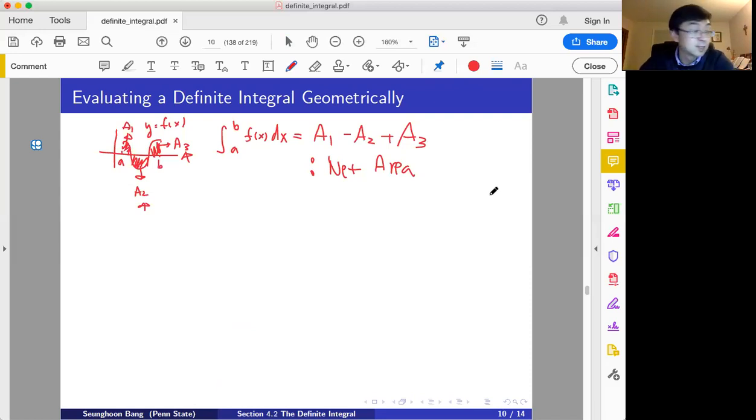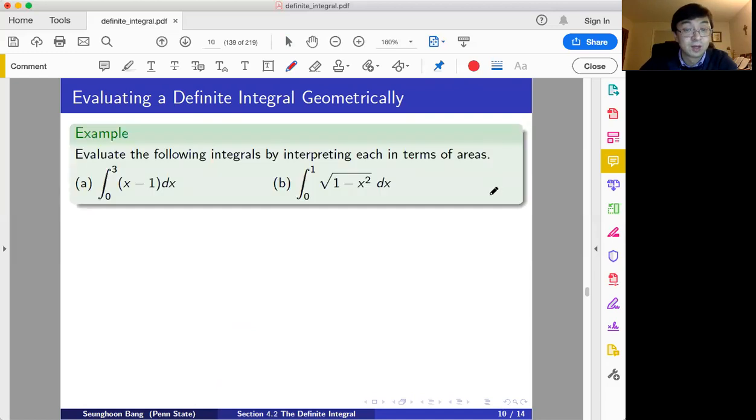So what is the next step? Evaluate the following integrals by interpreting each in terms of area. How can we sketch the graph? Here, you can draw x minus 1 first. So x minus 1, we can write y equals x minus 1.